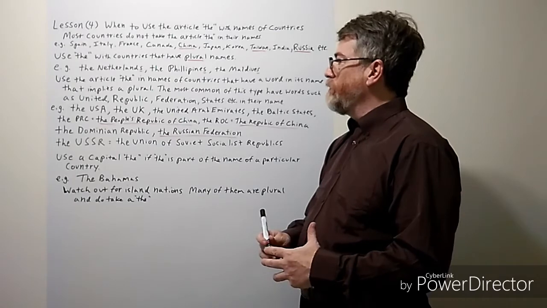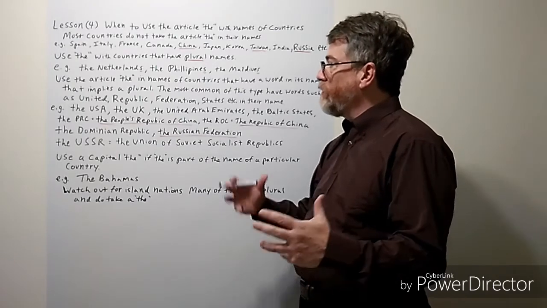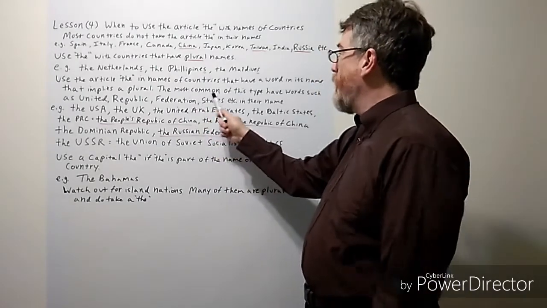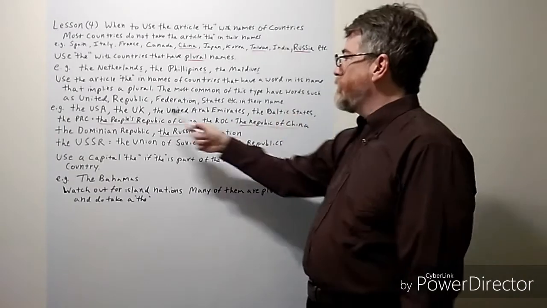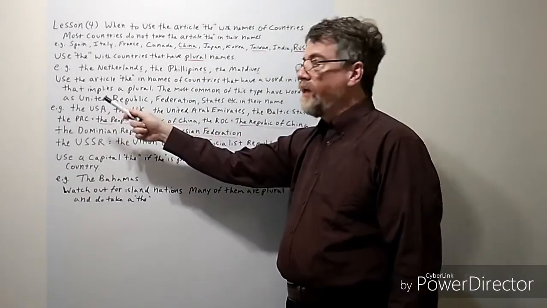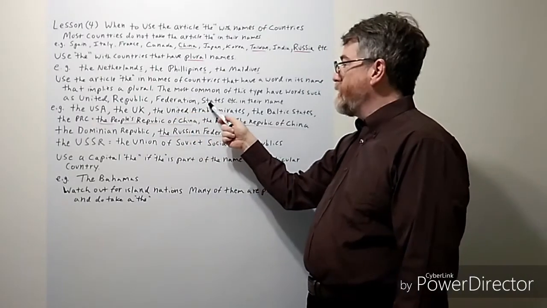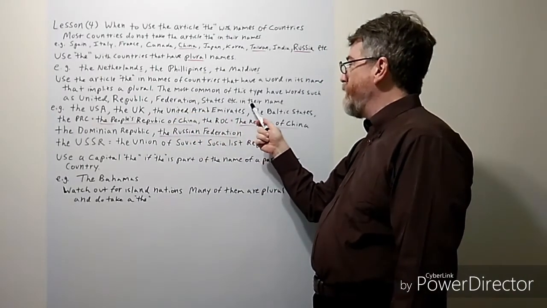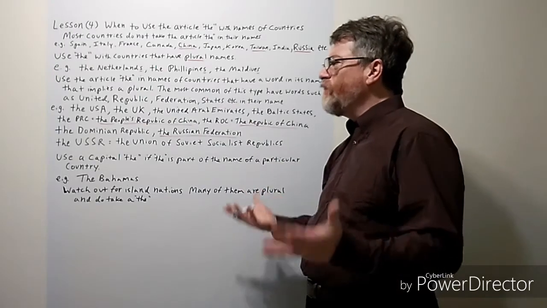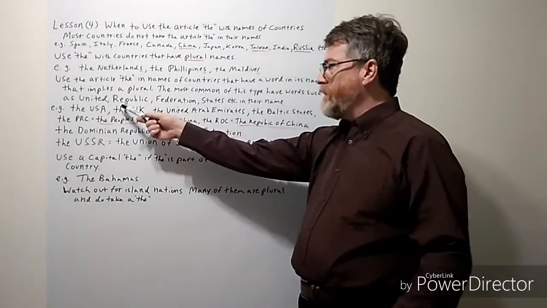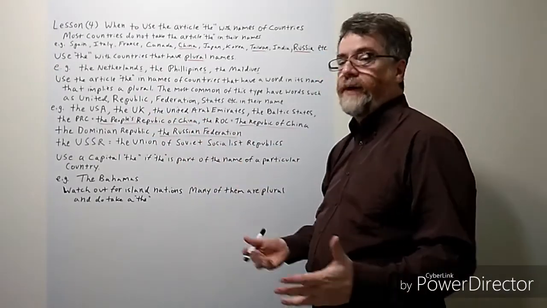The most common words of this type are united, republic, federation, states, etc. in their name. There are a few more, but if you can remember these, you'll probably cover most of them.